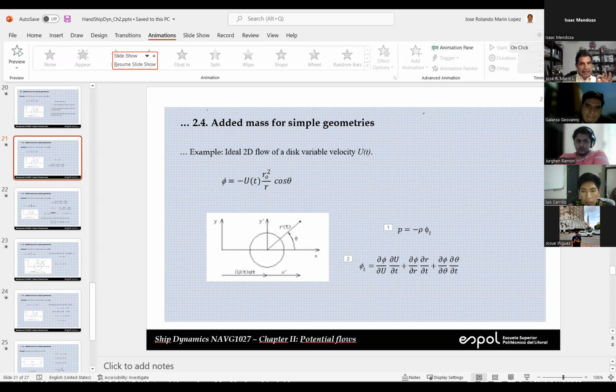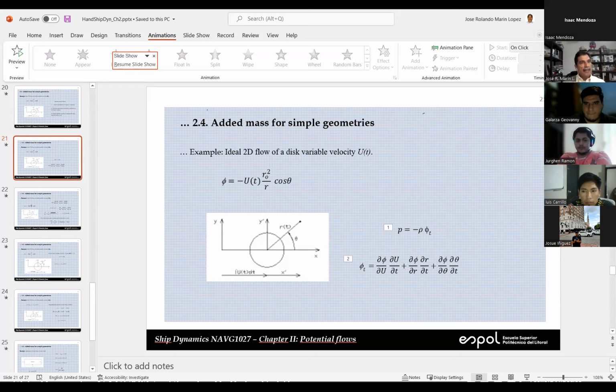And then the net force is not going to be zero. That's very interesting, okay? So that's the problem that we're going to face. So instead of explaining in detail this concept, I'm going to use an example. And from there, I'm going to explain the concept of added mass.